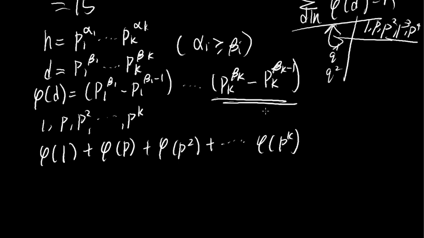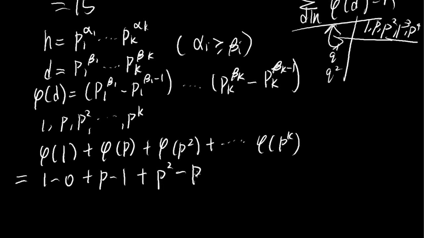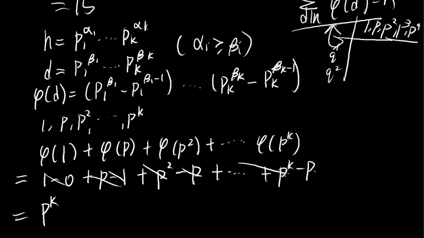As we've written the formula in this form, it's very easy to telescope. It's like 1 minus 0, plus p minus 1, plus p squared minus p, up to pk minus pk minus 1. We telescope them, and finally pk is left.